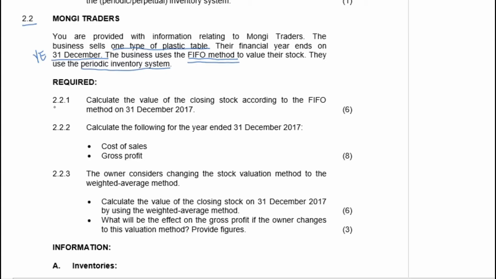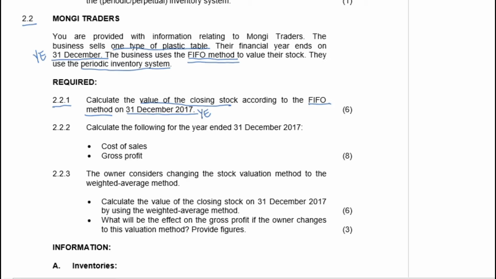In 2.2.1, we are required to calculate the value of the closing stock according to the FIFO method on 31 December 2017. So that's the end of the financial year.